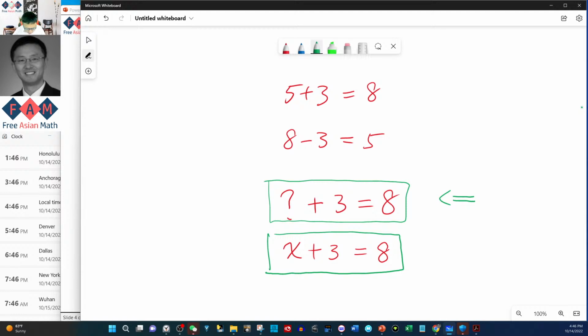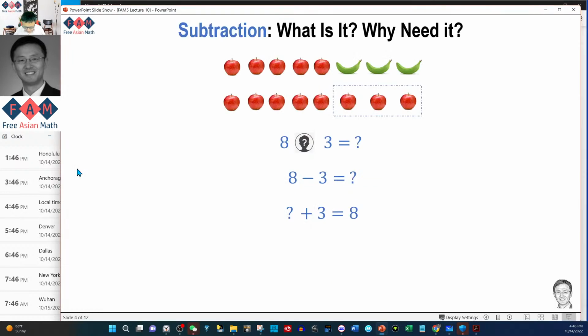But the important takeaway here is that subtraction is actually deduced from addition. But luckily, we have already spent a lot of time to rigorously define what addition really means. So now we are in a great position to understand what subtraction should mean.